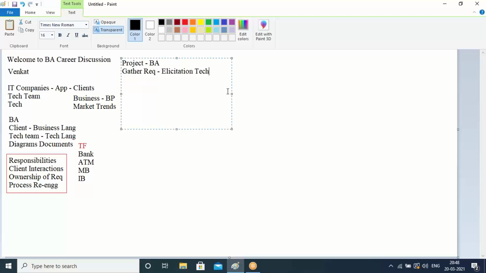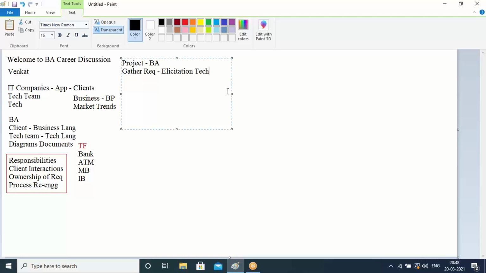We use these elicitation techniques and we get the requirements. Now, what is an elicitation technique? It's a meeting with a client. Any meeting with a client which has a specific objective, we call it an elicitation technique. Generally, we use elicitation techniques to gather requirements from the clients.